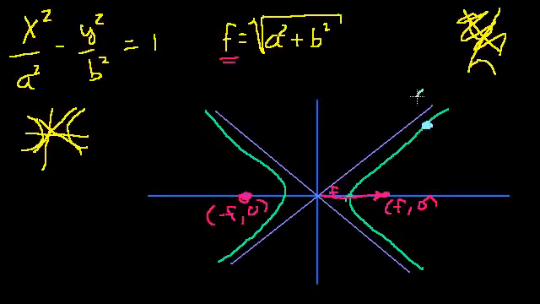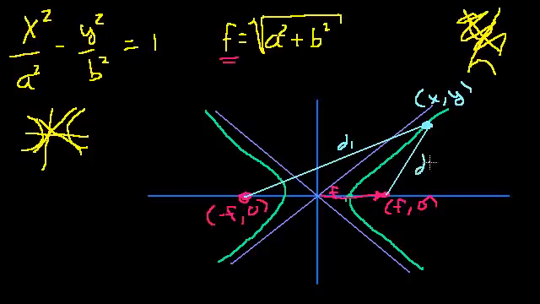So if this is the point x comma y, and it could be any point on the hyperbola, we know that if we take this distance right here, let's call that d1, and subtract from that the distance to the other focus, call that d2, that number is a constant regardless of where we are on the hyperbola.